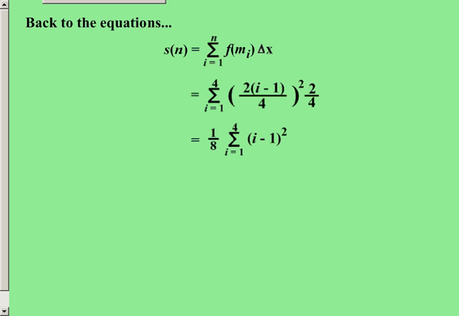An 8 over a 64 is your fraction, reduces to 1/8, and that 1/8 does factor out. Then as you run the summation from i going from 1 to 4, we end up with a 0, a 1, a 4, and a 9. And clearly this simplifies all the way down to a single value. So there is our lower sum, 1 3/4.